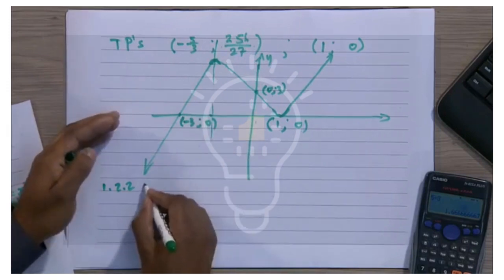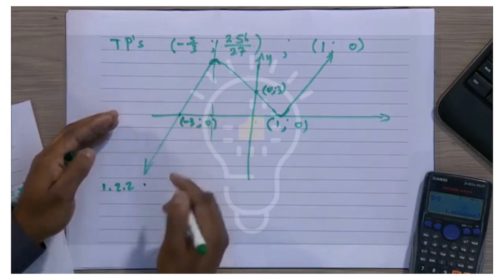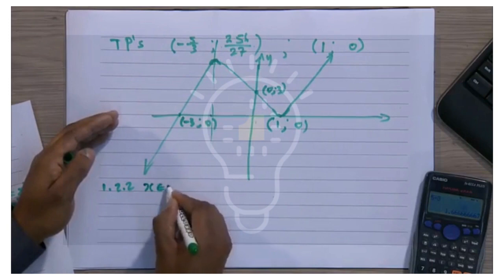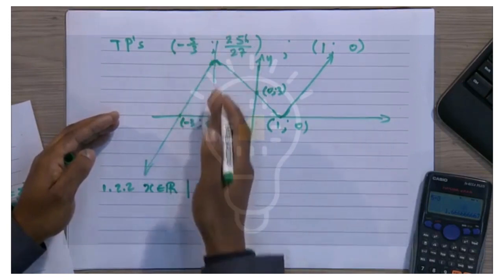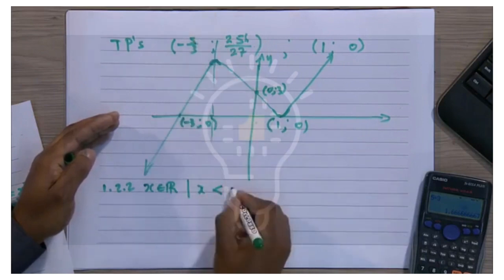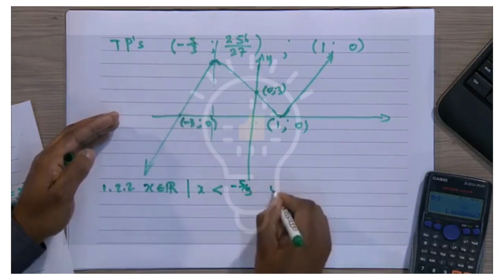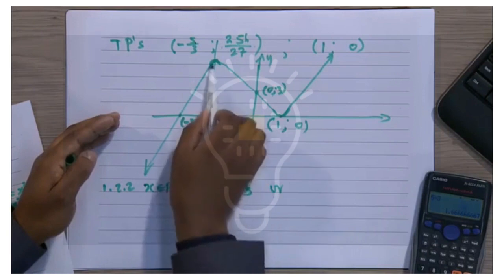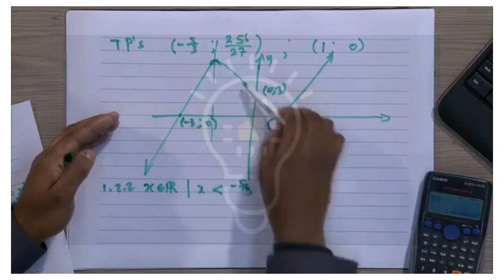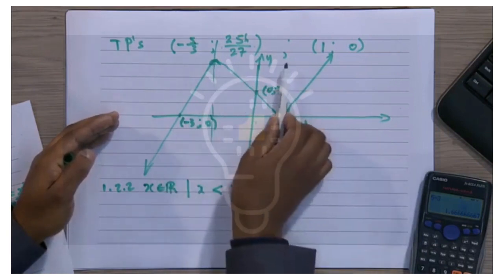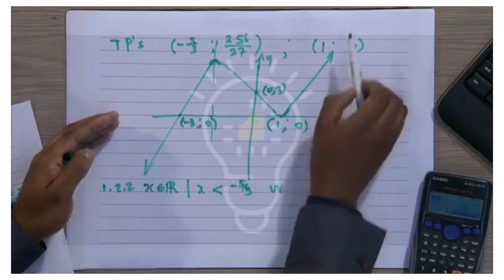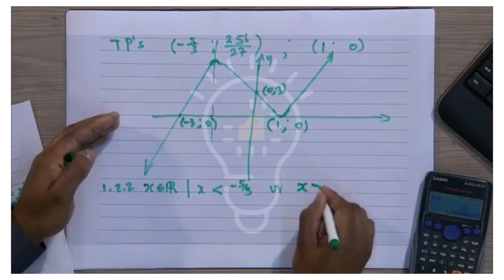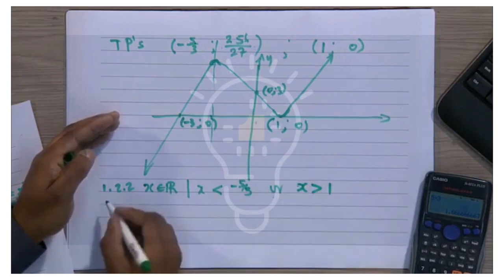That means the solution is x an element of real numbers such that x is less than the value of the turning point, minus 5 over 3. From this point onwards, you can see the graph is decreasing, and we want where the graph is increasing. Also from this coordinate going to positive infinity, the graph is increasing. That means x greater than 1. So our function is increasing there.